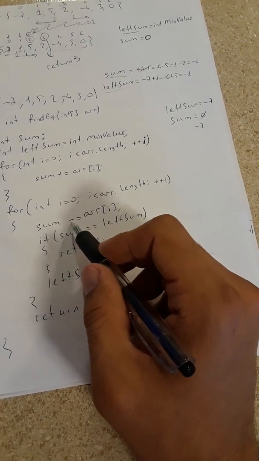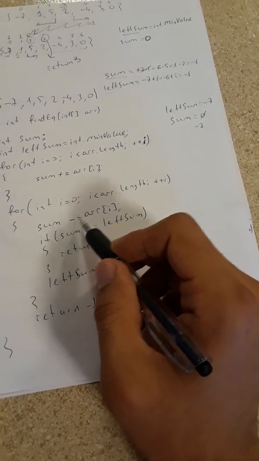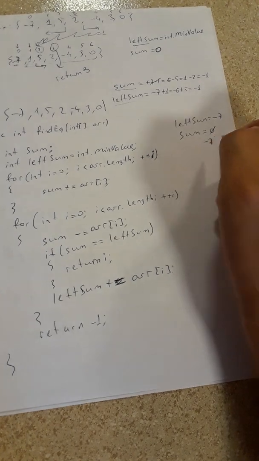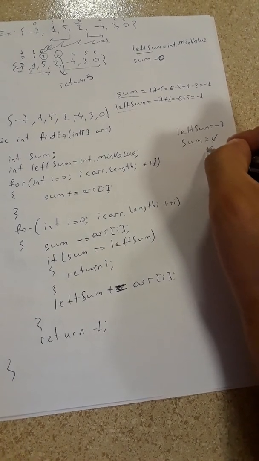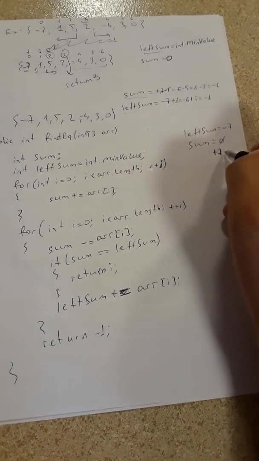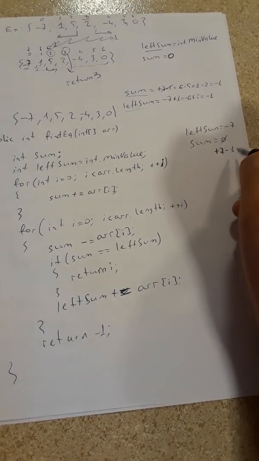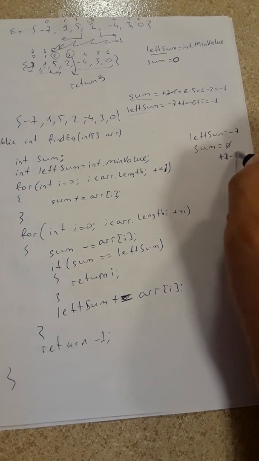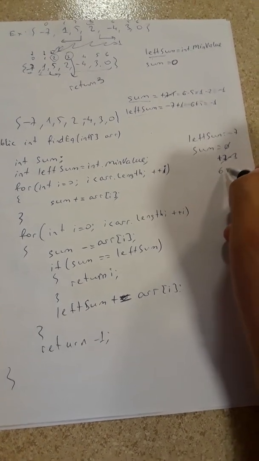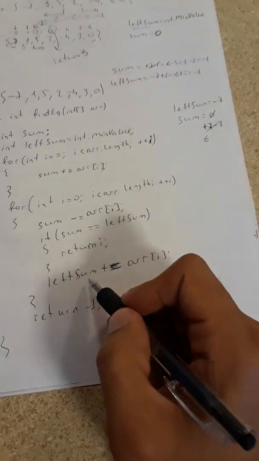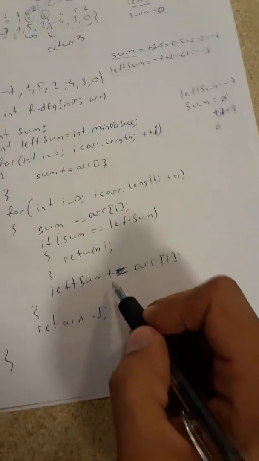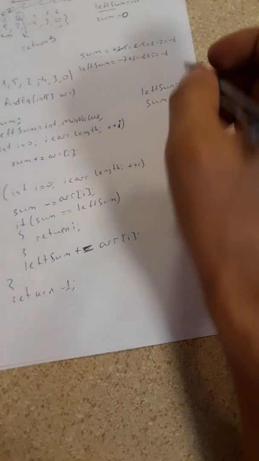We're subtracting it from sum. Since we were subtracting a negative, the sum should be plus. We're subtracting the next element, which is 1, from 7, and our sum will be equal to 6. We're checking if left sum and sum are not equal. We're going to the next step and adding this element to left sum.